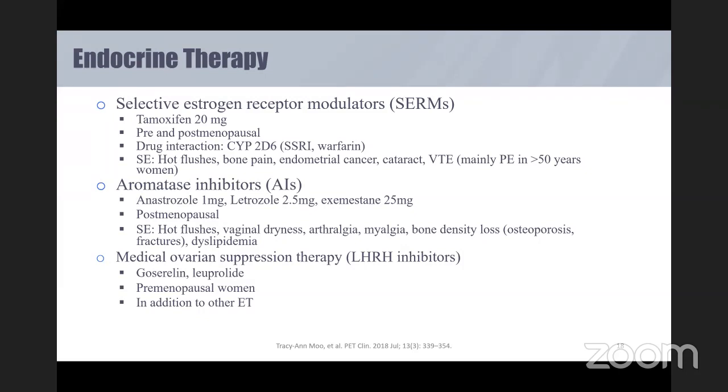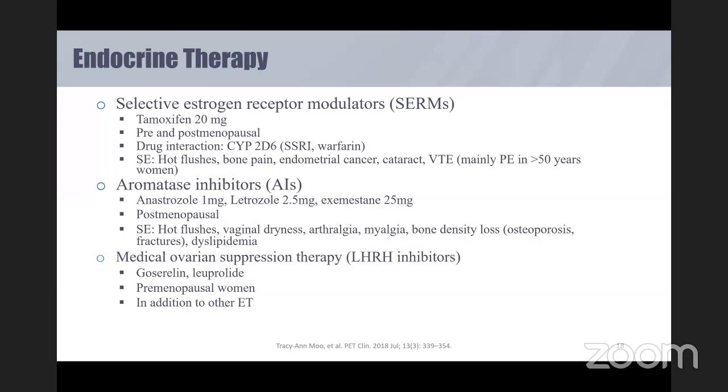The one big issue with tamoxifen is its drug interactions. It is a CYP2D6 substrate, and tamoxifen is converted to its active metabolite by CYP2D6. Therefore any strong inhibitor, whether SSRIs or any other strong inhibitors, will affect the efficacy of tamoxifen.